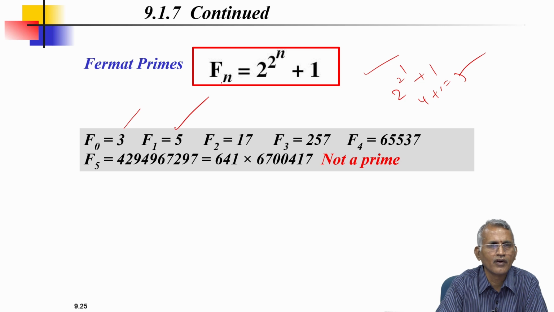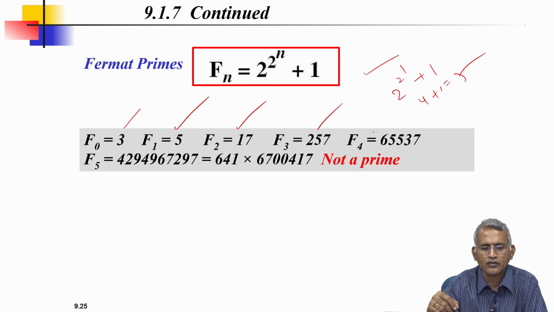So, F1 equal to 5. Similarly, n equal to 2 gives 17. When n equal to 3, it gives 257, and n equal to 4, and n equal to 5; therefore, it is not a prime.